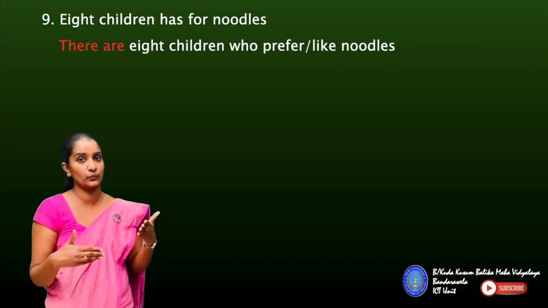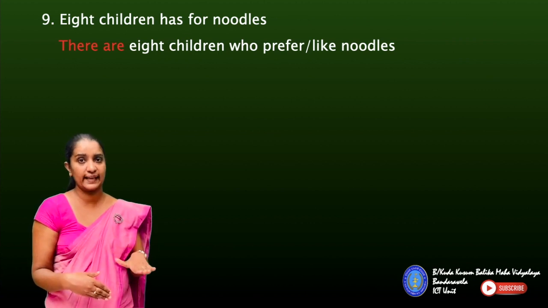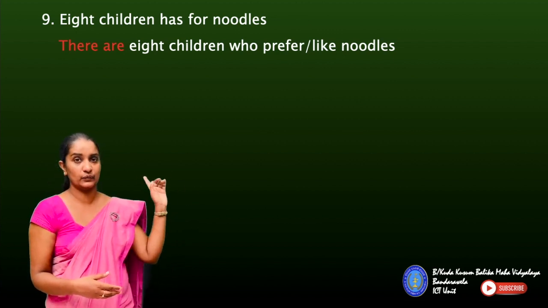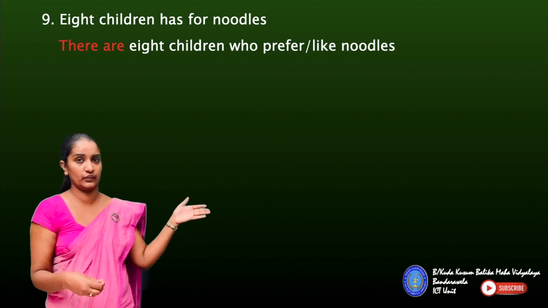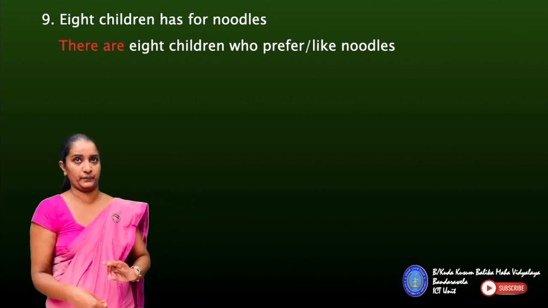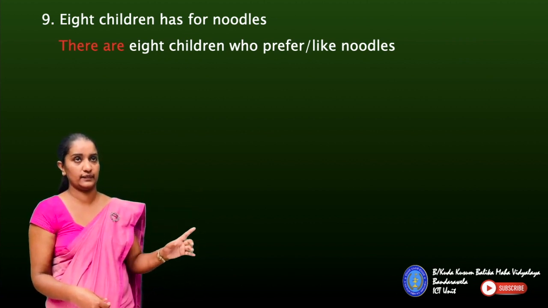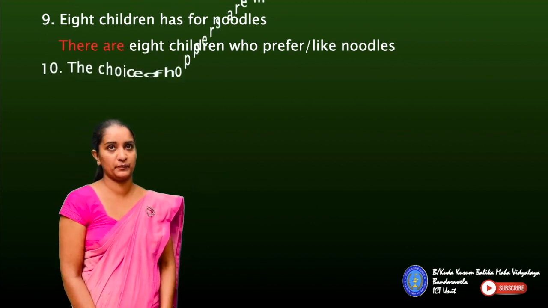That is the correct way, but don't use has, because in Sinhala it's very common. Thiyanawa, innawa, you can use has and have, but you have to use this structure when you give the figure. There are 8 children.